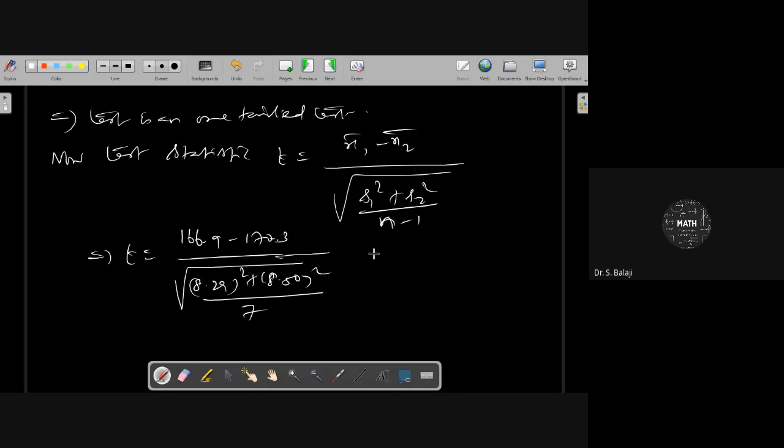170.3. What about the t value? It is minus 0.7576.